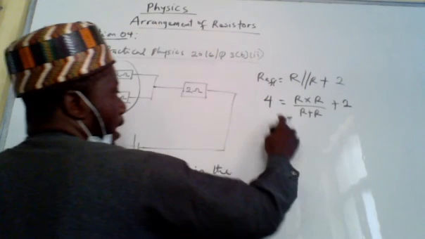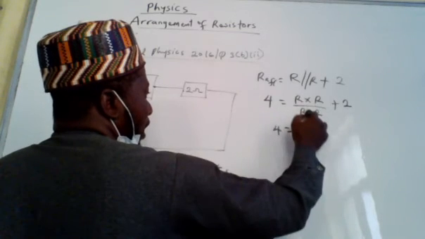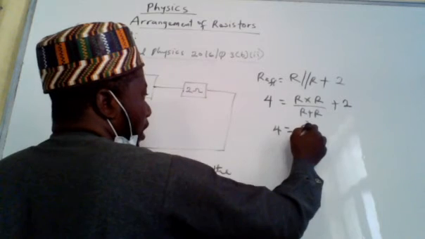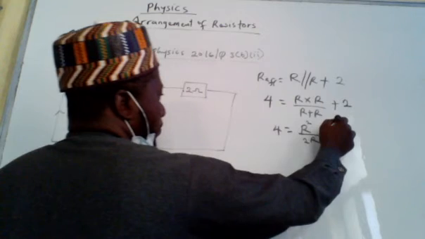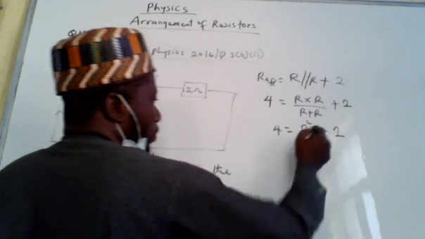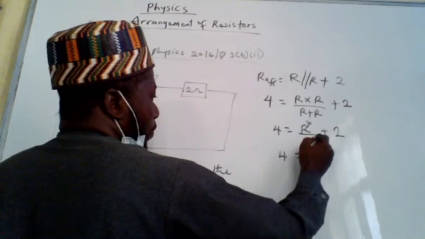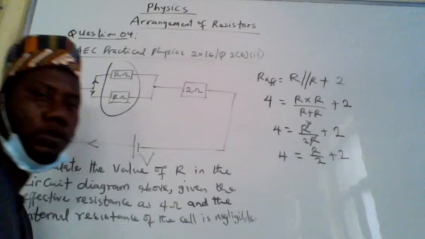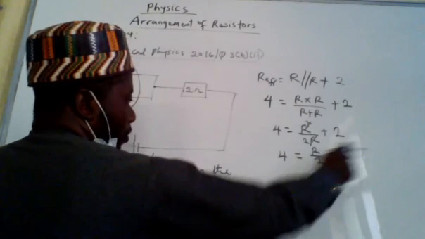Now I'll have 4 equals R times R, R squared, over R plus R, which is 2R, plus 2. Cancel one R, I'll have 4 equals R over 2 plus 2. Then I look for the LCM. LCM here is 2, so I'll multiply everything by 2.